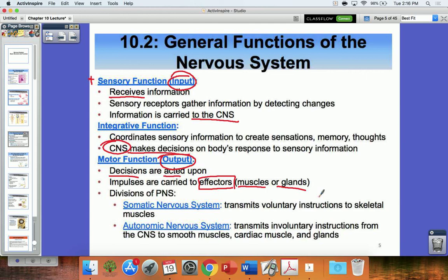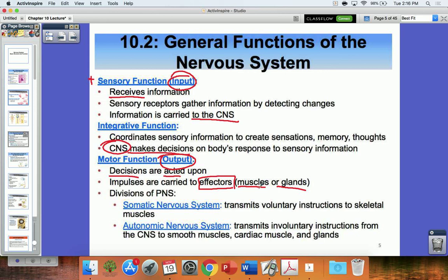Another example would be we go outside and we have sensory receptors that are receiving the stimulus of it being cold. It takes the information to the CNS. The CNS will then process that information and make a decision about what needs to happen. And then because we're cold, it may take that information back to a muscle to help us contract.